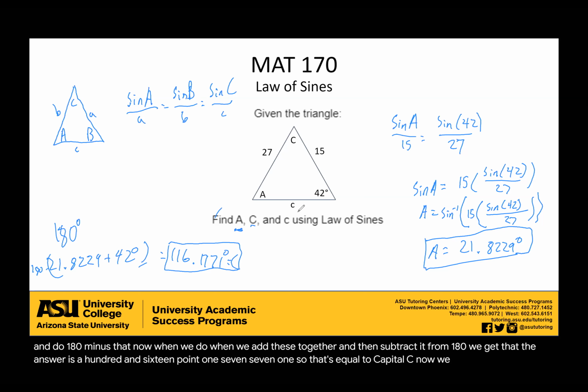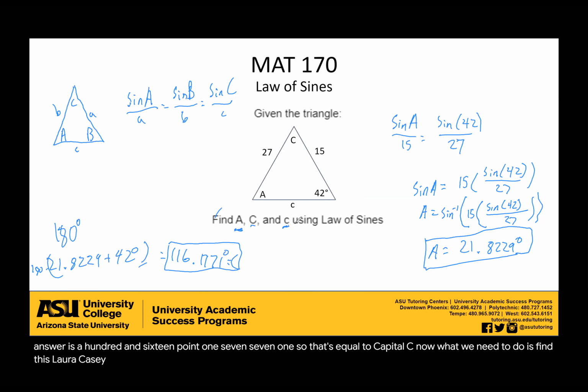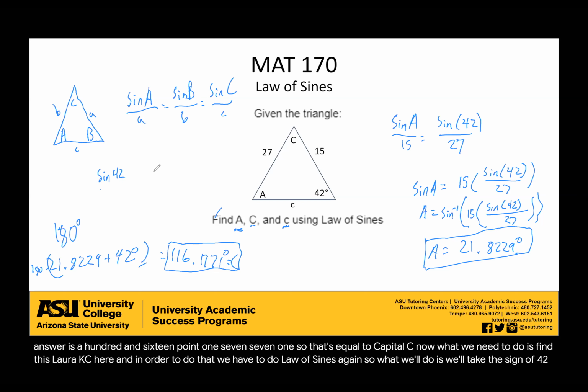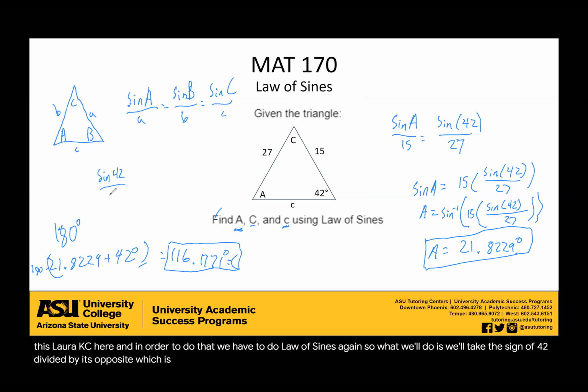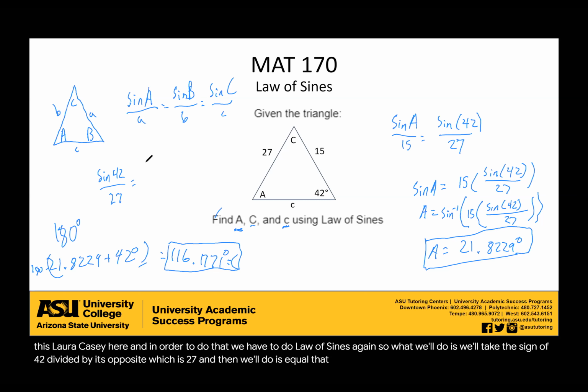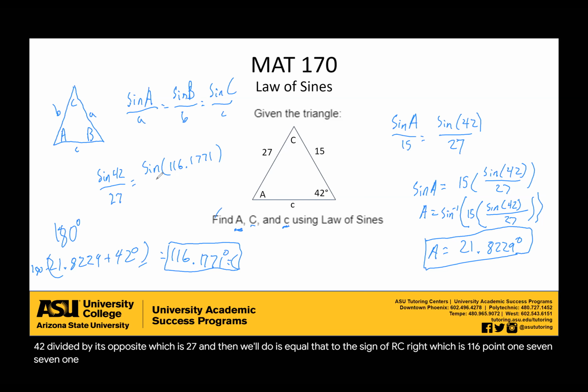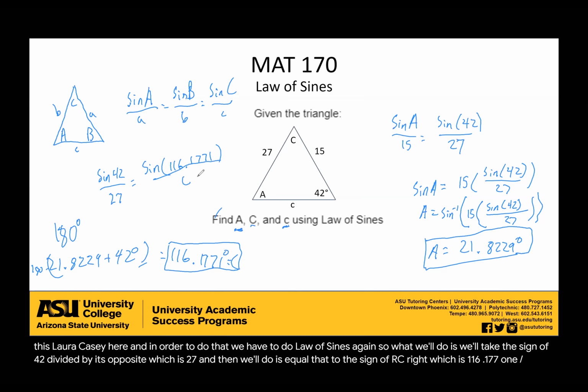Now we need to find this lowercase c here, and to do that we have to do law of sines again. We'll take the sine of 42 divided by its opposite, which is 27, and set that equal to the sine of capital C, which is 116.1771, divided by c.